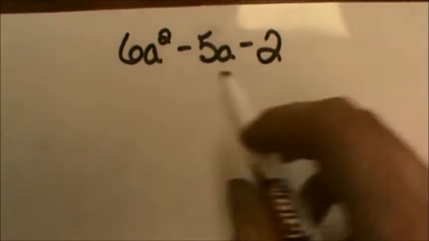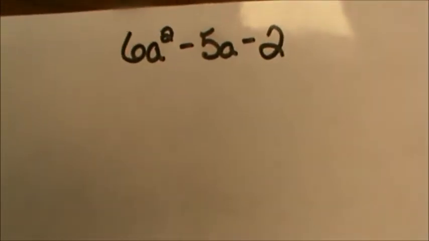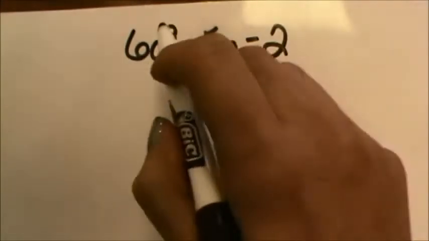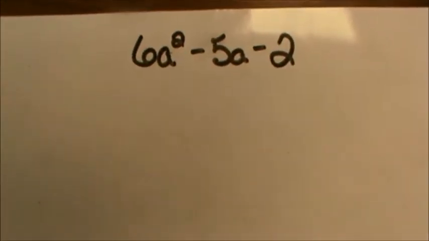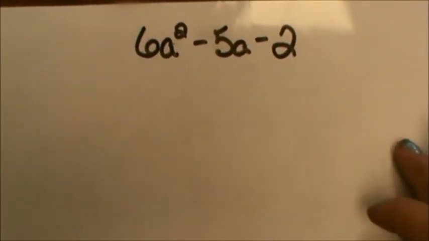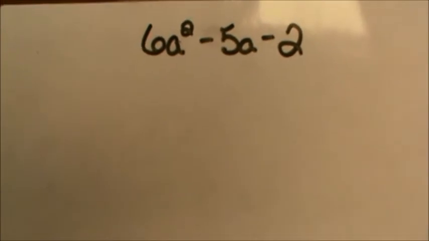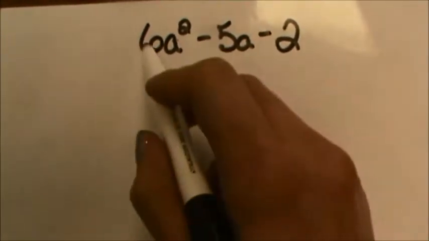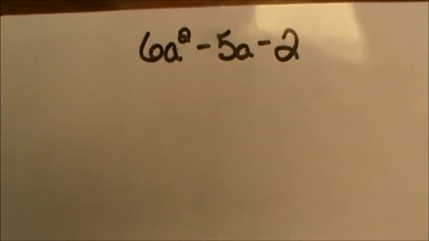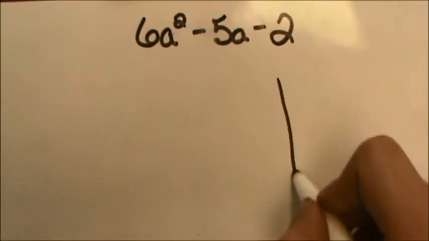Factor. 3 terms. This is not a perfect square trinomial since neither of these are perfect squares. So that means I need to go into my multiply or add rule. But this one, because the coefficient is not 1, I need to use the factor box.